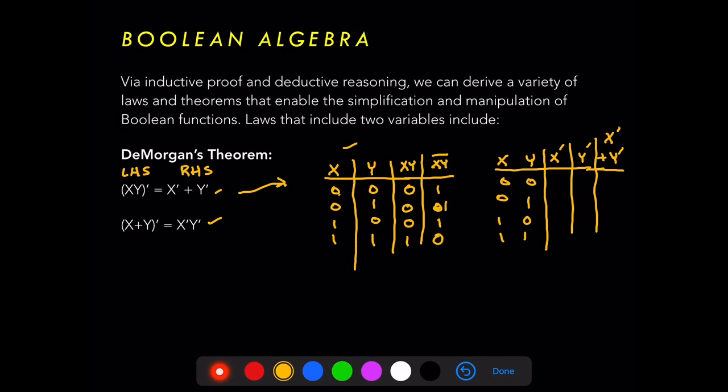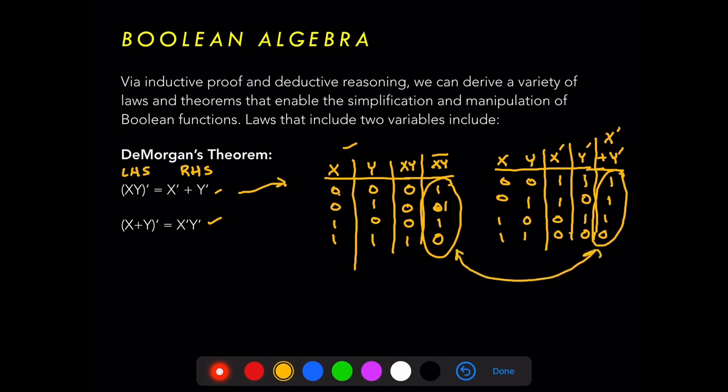On the other side, we'll need to invert x and y first before we compute the final output for the right-hand side of the equation. And then we'll OR those together to come up with the expression on the right-hand side of the equation. Finally, we can see that both truth tables produce the same output, so we've proven the first law of De Morgan's theorem by perfect induction or by inductive proof.